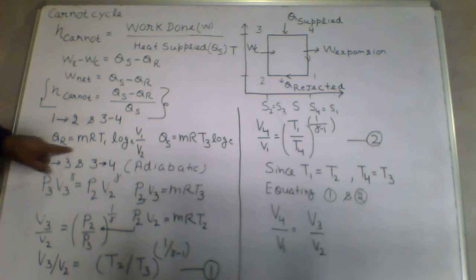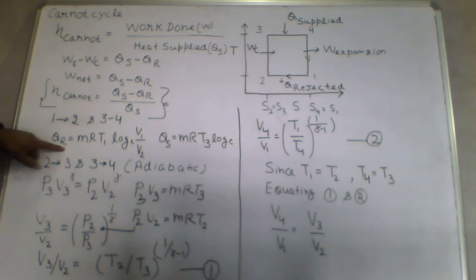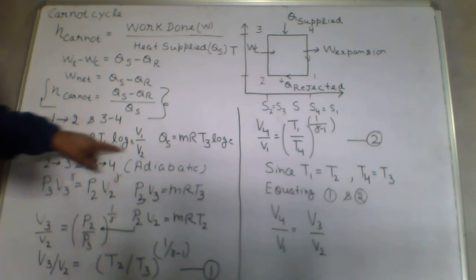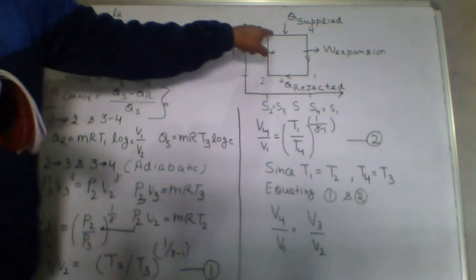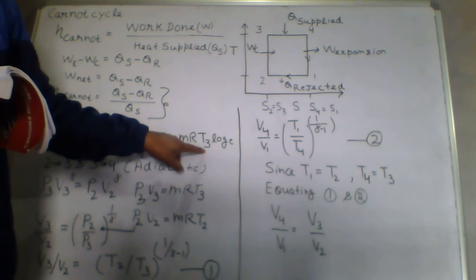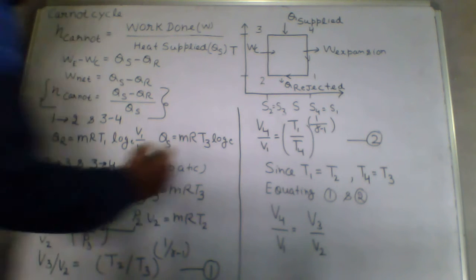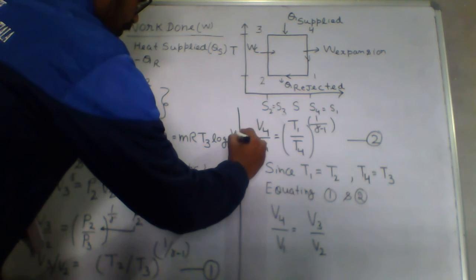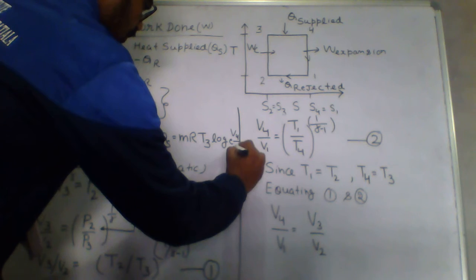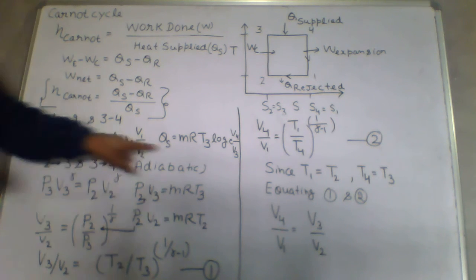This is the equation for your heat rejection. For heat supply, from 3 to 4, this is your equation: M R T3 log e V4 by V3. So this is your heat rejected, this is your heat supplied.